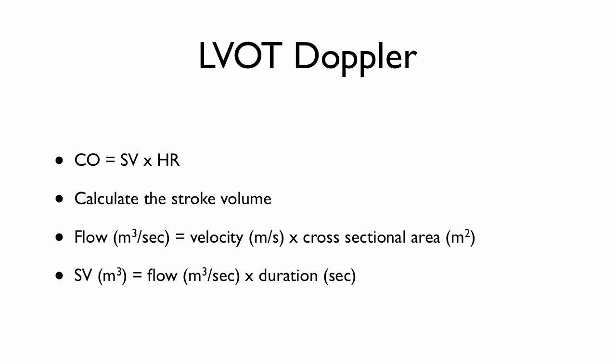If you think about the flow coming out of the left ventricle in terms of volume per second, then that's equal to the velocity of the blood coming out of the left ventricle in meters per second times the cross-sectional area of the left ventricular outflow tract. And the stroke volume, which obviously is a volume, is equal to that flow in terms of volume per second times the duration of the ejection, which is in seconds.